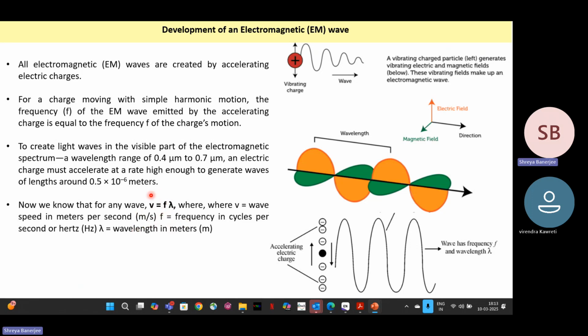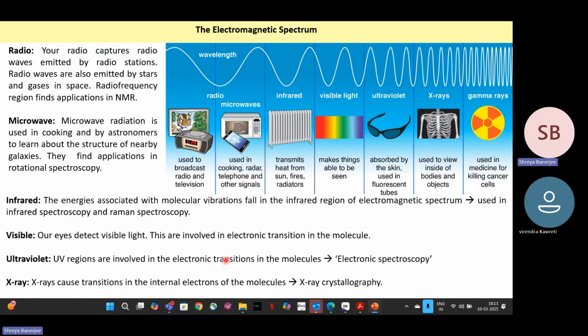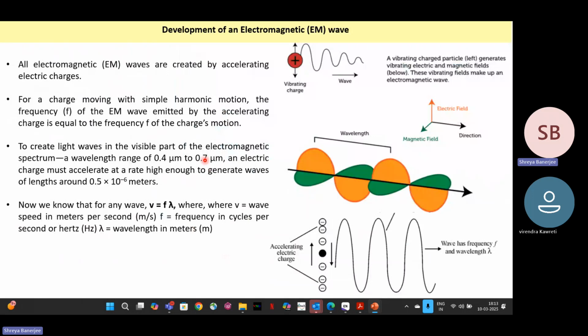Using this formula, we can calculate the frequency at which the charge must vibrate so that the wave generated has a wavelength within the visible part of the spectrum, which is around 400 to 700 nanometer, that is 0.4 to 0.7 micrometer.